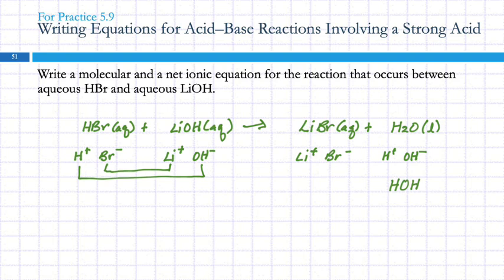Net ionic equation. Well, we kind of have some things down here that can help us. Are any of these not split into ions for the ionic equations? The water, right? So we don't want to look at that as split up. But these are aqueous, aqueous, aqueous, so we're looking at the ions. Which of these ions didn't get involved?